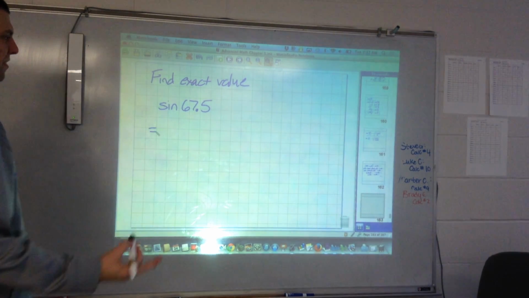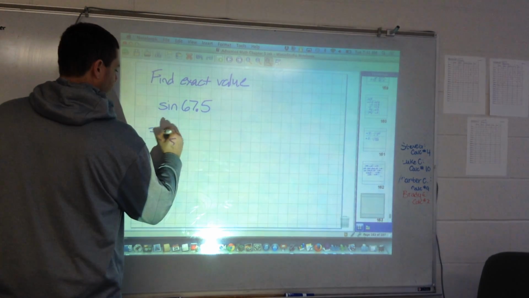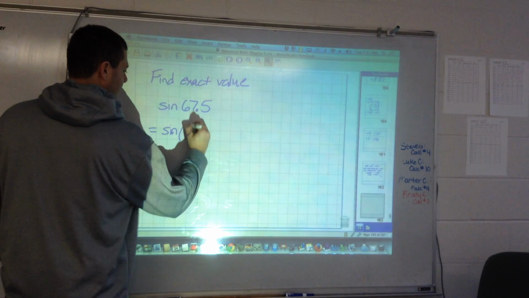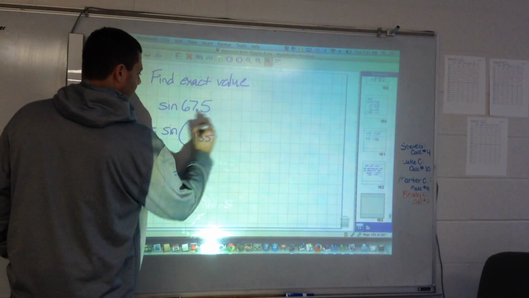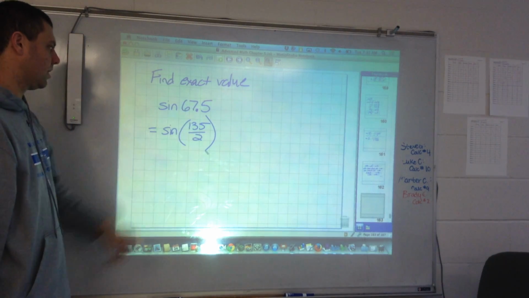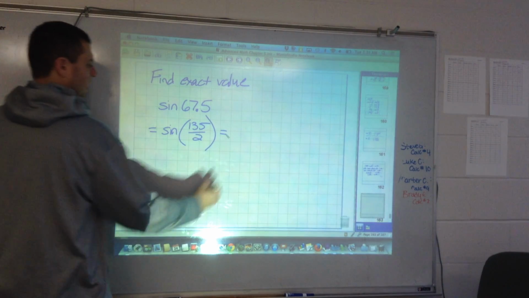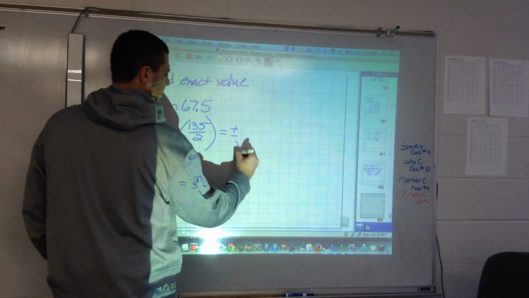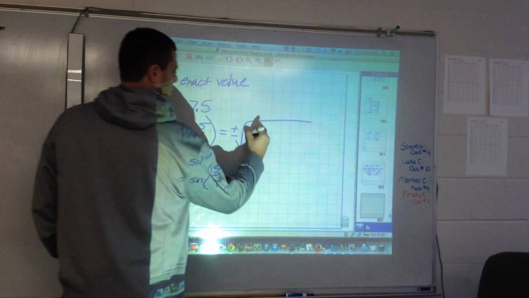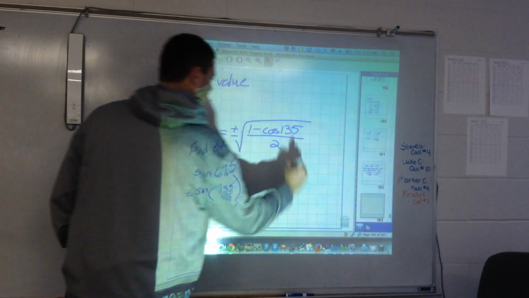Well, 67.5 is definitely not one of the angles that you know, but it is exactly half of one of the angles that you know. And it'd be the sine of, I believe, 135 divided by 2. 67.5 is the same as 135 divided by 2. So using your half angle identity, this would equal a positive or negative square root of 1 minus the cosine of 135 all over 2.